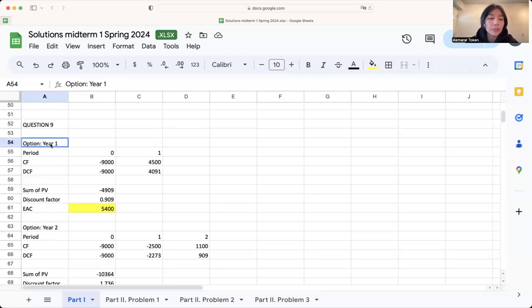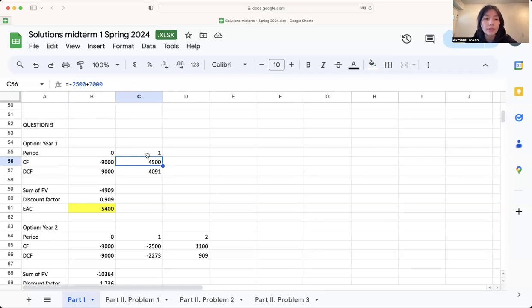So for the first option, calculations are given here. We take into account the initial investments for year 0, which are given as minus $9,000, and for the first year, operation expenses were minus $2,500, and we have a disposal value of $7,000.